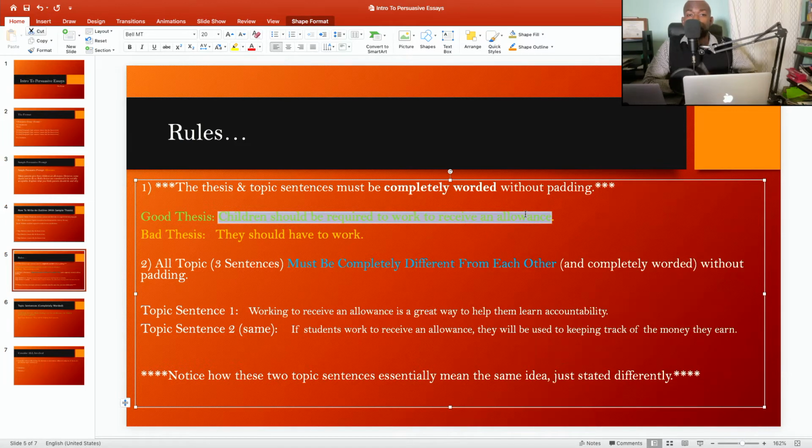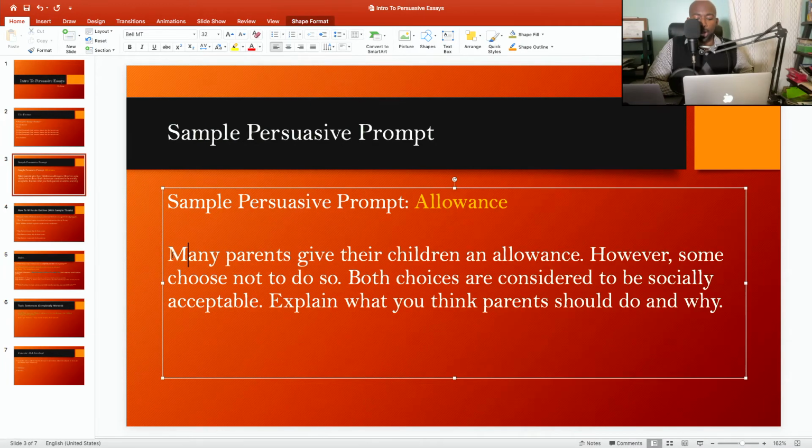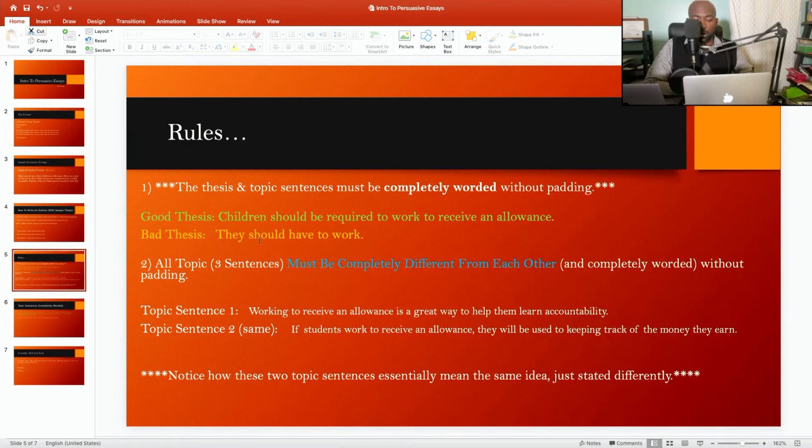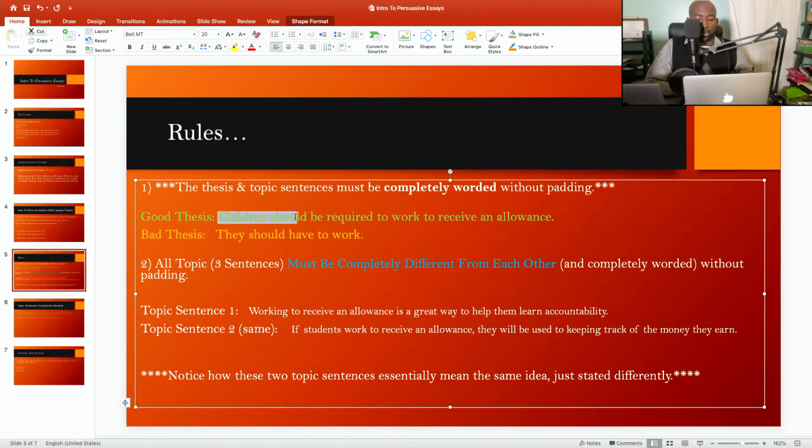You would know what that's talking about even if you had never read this writing assignment asking you what should happen about the allowance situation. Just looking at this idea here in green, it says children should be required to work to receive an allowance. Just looking at that idea by itself and nothing else, you would understand what that means, what that was referring to.